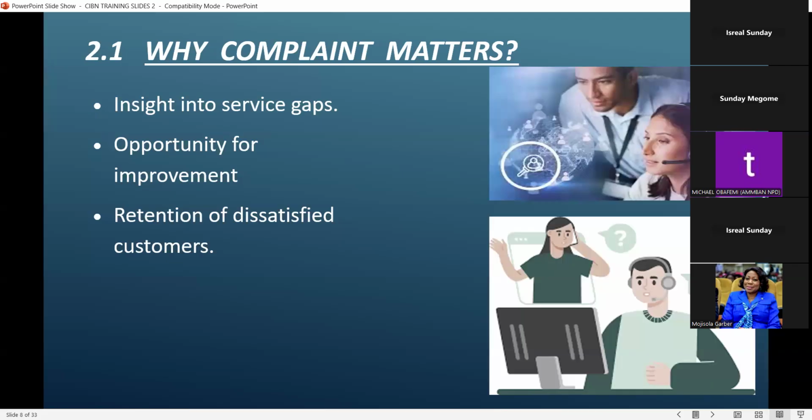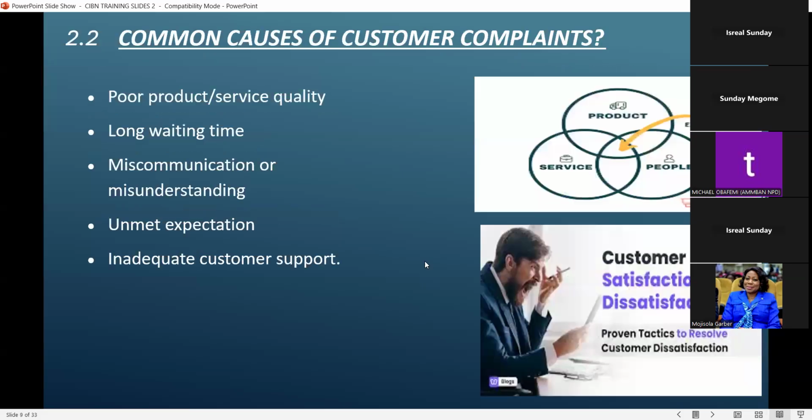And at the end of the day, I'm satisfied because they have changed on that particular complaint. But if a customer comes to complain and next week the same thing happens, the week after the same thing happens, the customer will just quietly go to another place because there are competitors everywhere. So it's important that we pay attention to our customers' complaints.